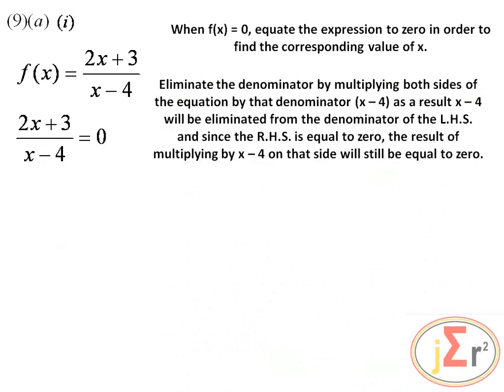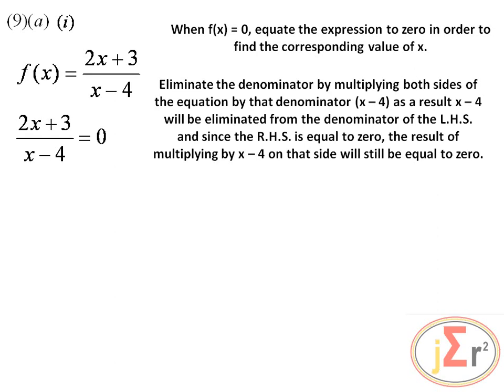Eliminate the denominator by multiplying both sides of the equation by that denominator, and the denominator is x minus 4. So we are flattening the equation again by eliminating the denominator. The denominator is something that we divide by, therefore we need to multiply by that x minus 4. As a result, x minus 4 will be eliminated from the denominator of the left hand side.